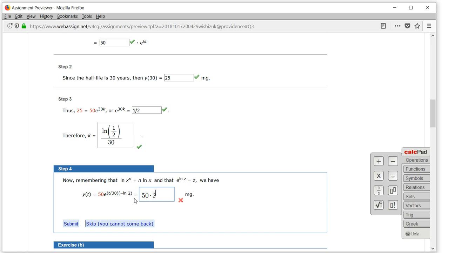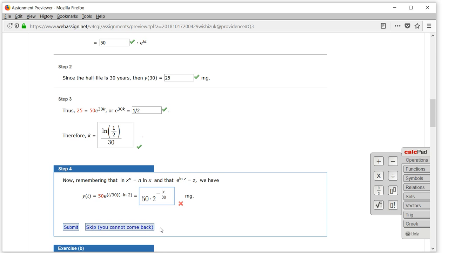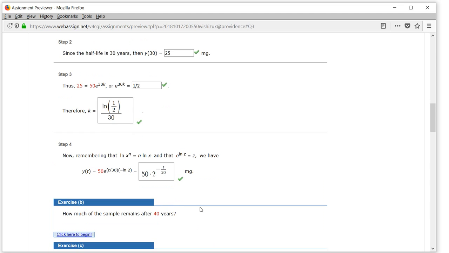Natural log of 2 and e gives you 2, but there's a negative sign, so it's going to be negative t over 30. We don't really need the parentheses there. Let's check the answer. I came back and it looks like we got step 4 correctly.